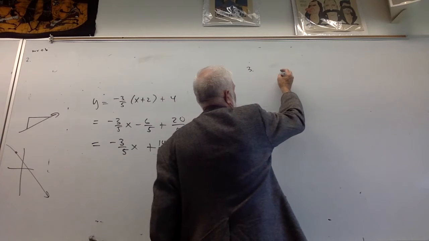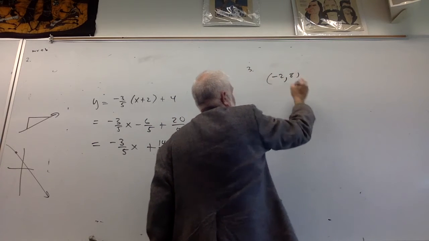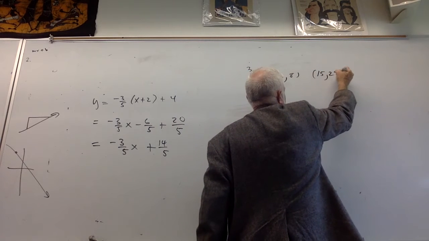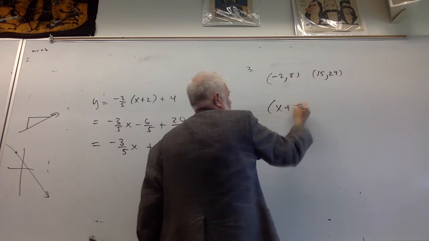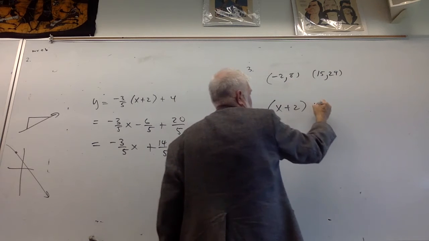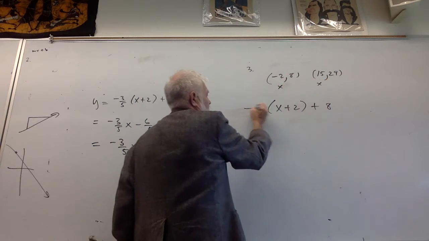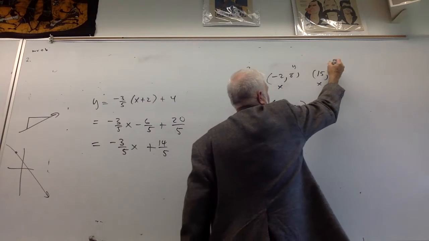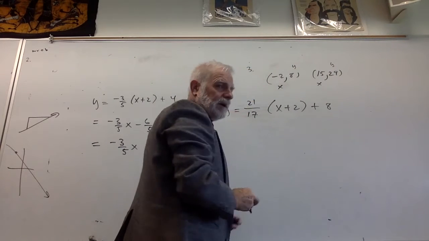Okay, so let's look at -2, 8, and let's look at, I don't know, 15, 29. What gets rid of subtraction of 2, addition of 2, bring in the 8. There's our x to x. That's going to be underneath. So that looks like it's up 17. And from y to y, that looks like 21. There's your equation. All right?